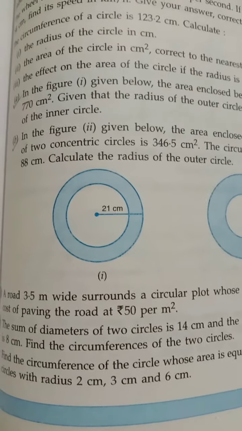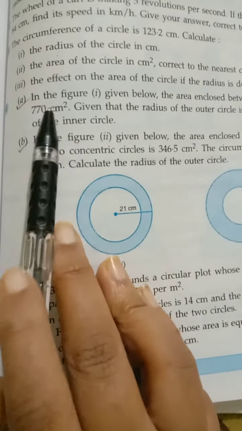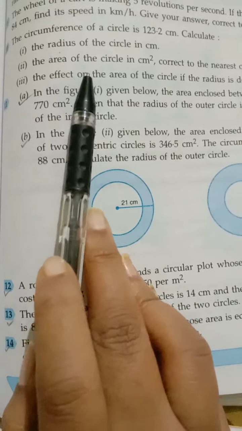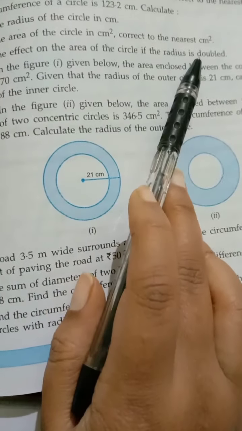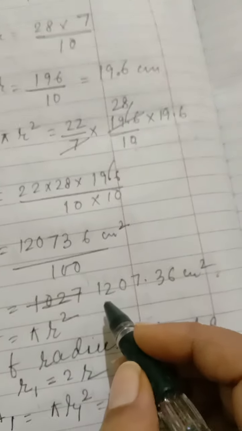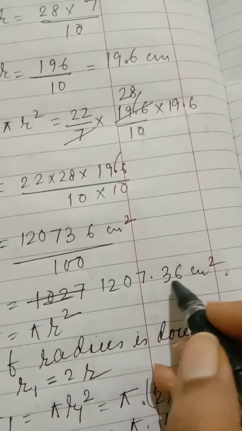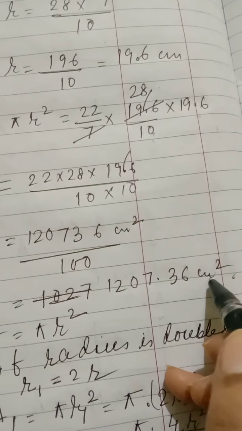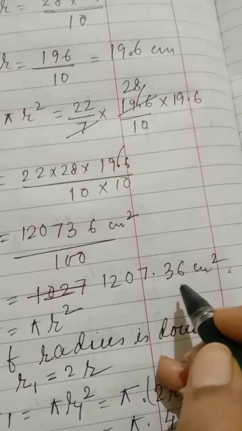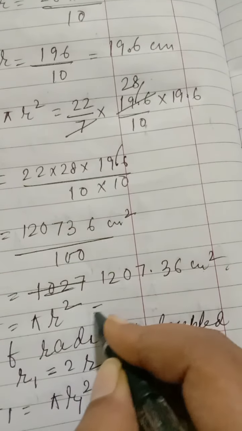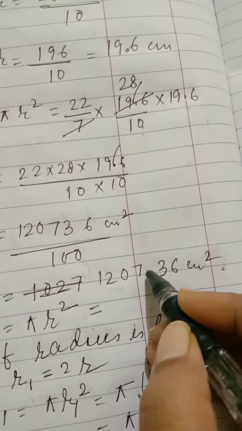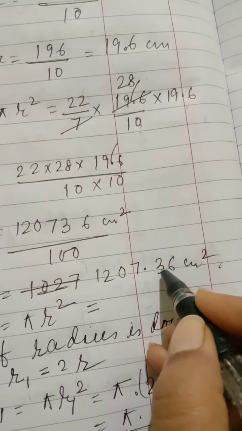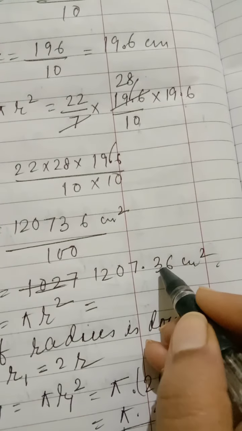Here one thing is to be added: in the second part you have to find the area of the circle in centimeter square correct to the nearest centimeter square. So the area which we got here is 1207.36 centimeter square. Since it's the nearest centimeter square, after the decimal we have 3, which is less than 5.